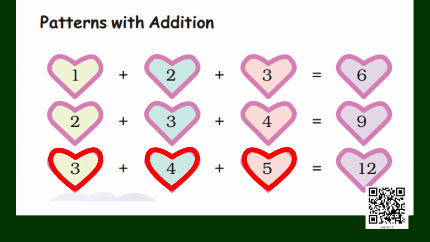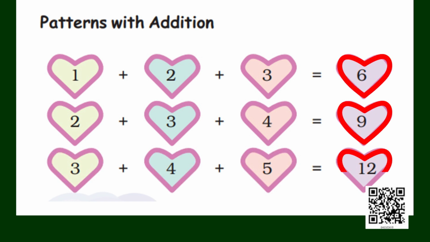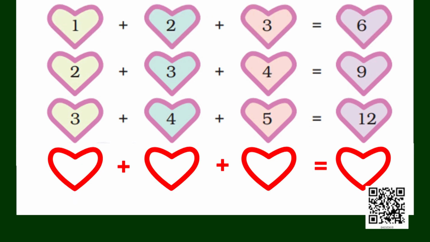Now observe the sum. It is 6, 9, 12. Are they increasing by 1? No, here they are increasing by 3, right? 6 plus 3 is equal to 9 and 9 plus 3 is equal to 12. Can you now guess what will be the next sum?